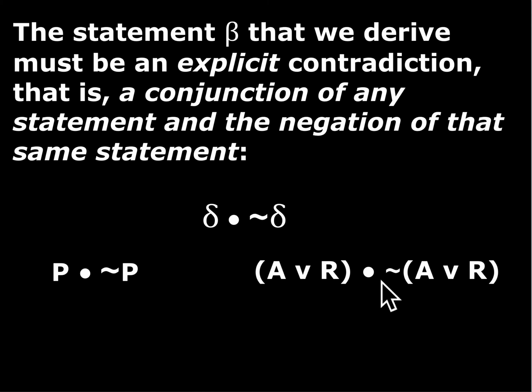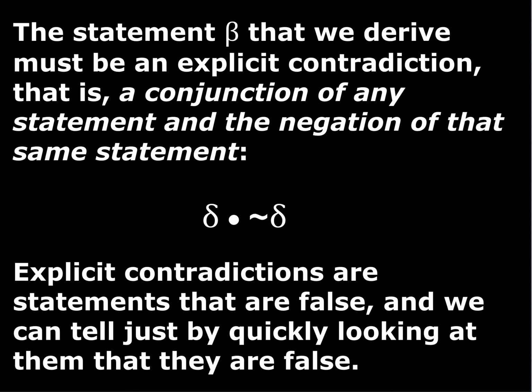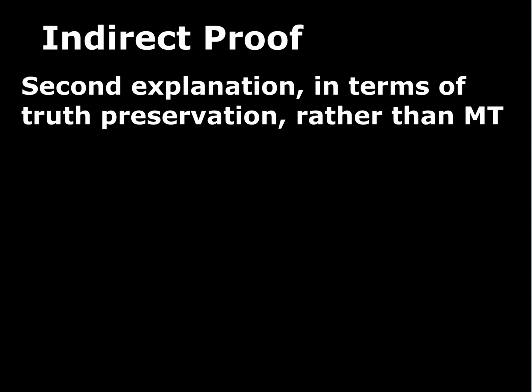This is also an explicit contradiction, right? We've got a statement conjoined to the negation of that same statement. That's fine too. It doesn't have to be atomic. So explicit contradictions, they're false, and we can tell they're false very easily just by looking at them. So that's why they're our goal.